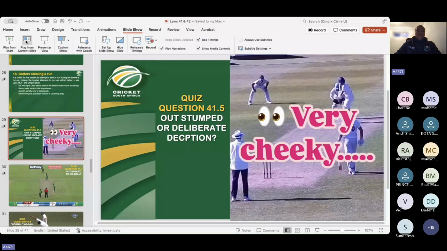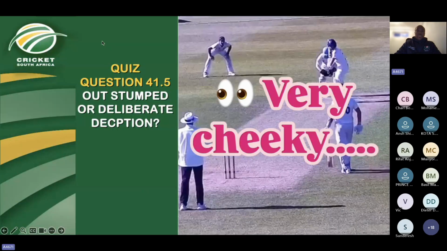Our first quiz question is related to Law 41.5, which is why the quiz question number is 41.5. It's a pretty straightforward scenario. I will play it twice for you, both times without music, and I will describe what is happening.